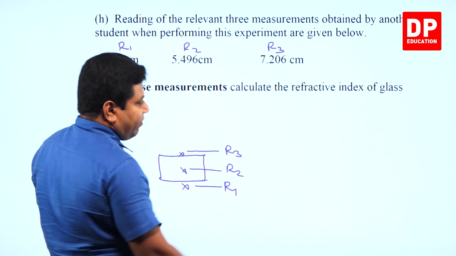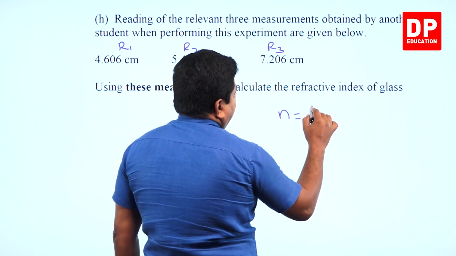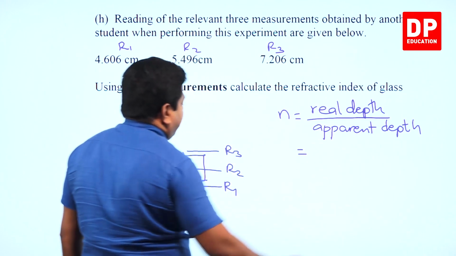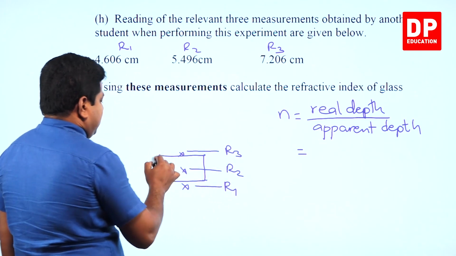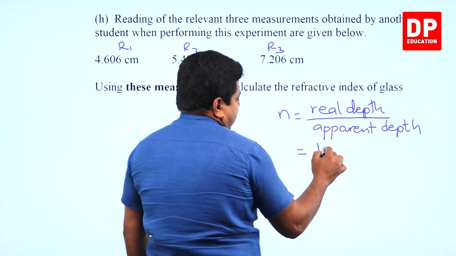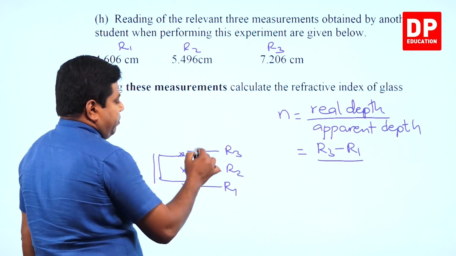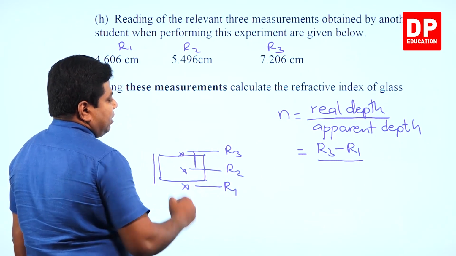So refractive index n equals real depth divided by apparent depth. Real depth has to be R3 minus R1. This is the real depth. Over apparent depth, which means R3 minus R2. This is the apparent depth.